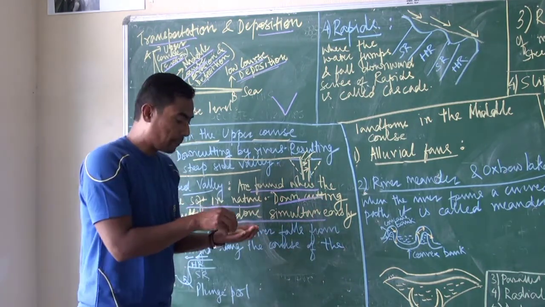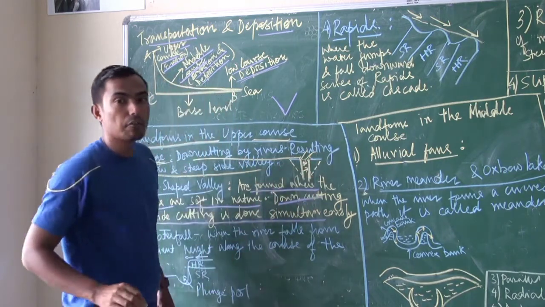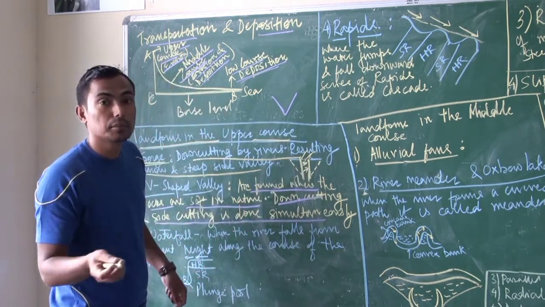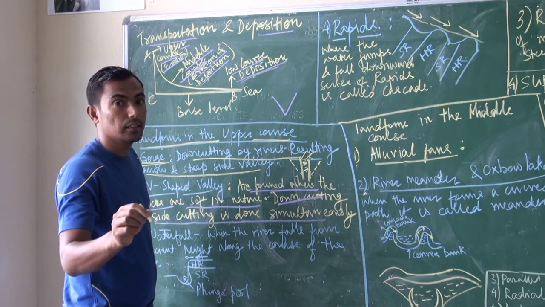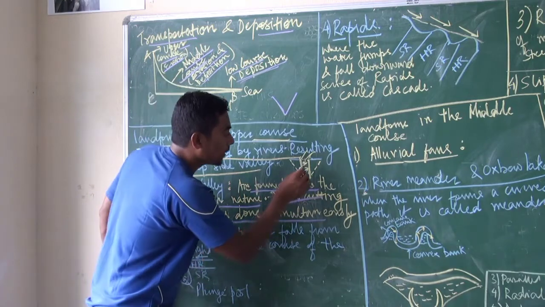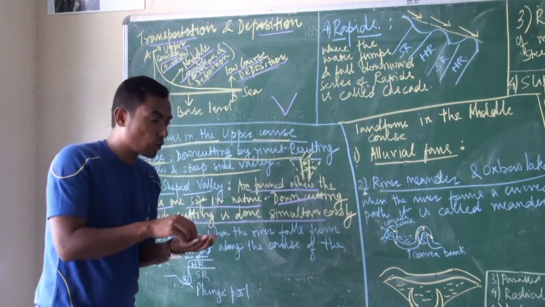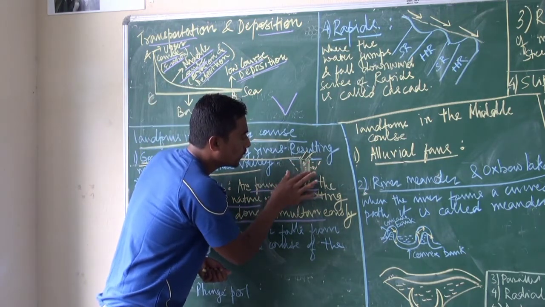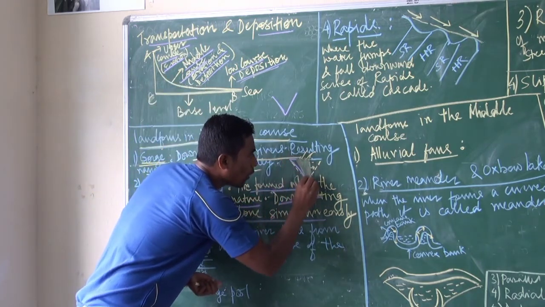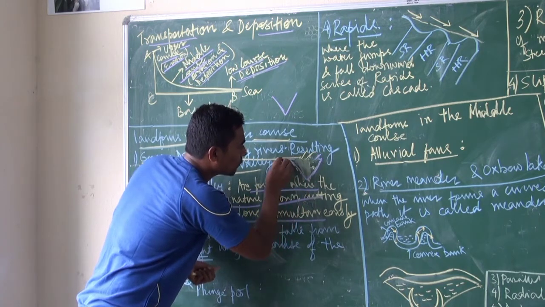After the formation of the gorge, when the down cutting and the side cutting happen simultaneously, the gorge is further eroded, resulting in the formation of a V-shaped valley.